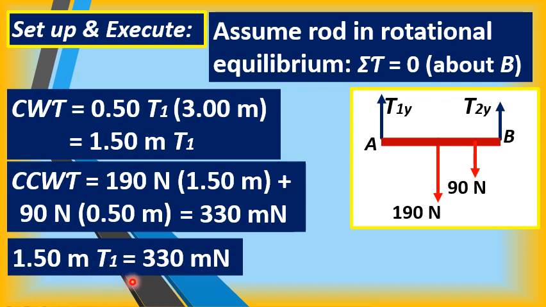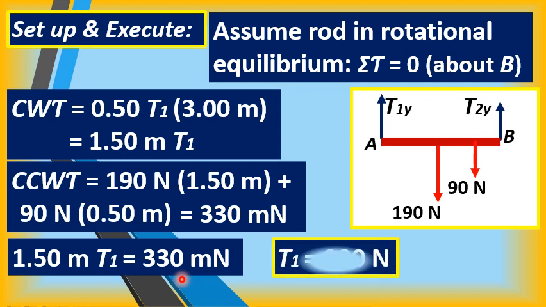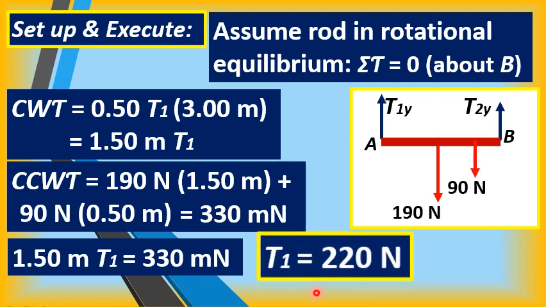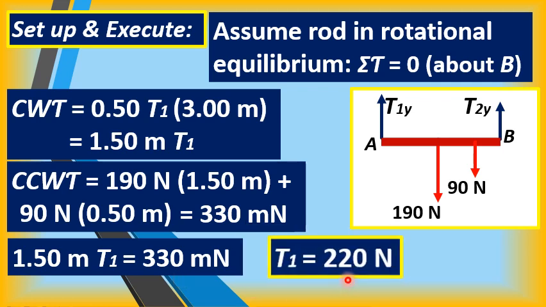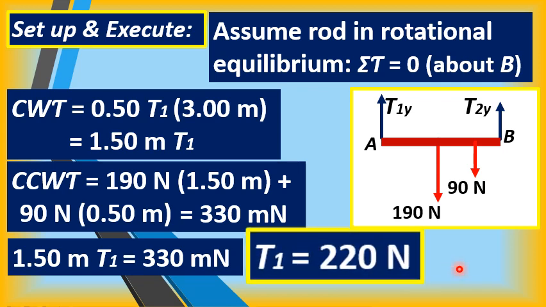So now we are left with just one unknown variable, and to determine the magnitude of T1, we simply divide 330 meter Newton by 1.50 meters. So we will get the magnitude of the tension force T1 equal to 220 newtons.